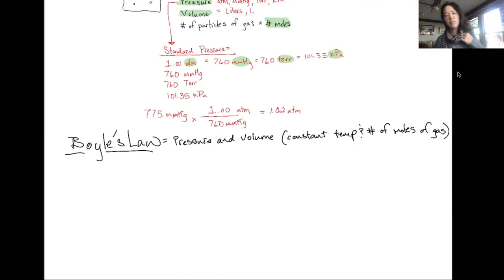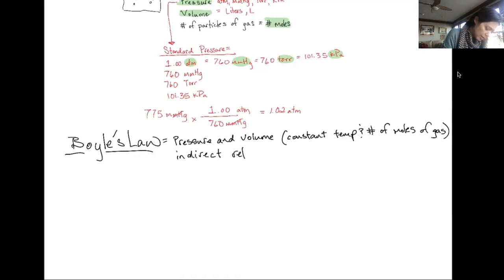Pressure and volume. Pressure is caused by gas particles pounding against the walls of the container. As the volume goes down, the gas particles are going to have less space to roam. They're going to collide with the walls of the container more often. There's going to be a greater pressure. So we have an indirect relationship.